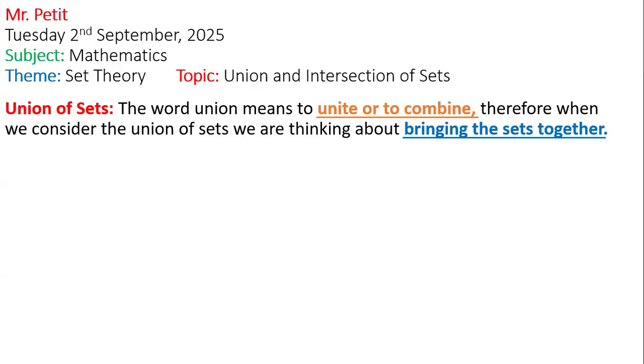The word union means to unite or to combine. Therefore, when we consider the union of sets, we are thinking about bringing the sets together. Very good. So we're bringing the sets together, or we are combining them. That's what we mean by the union.